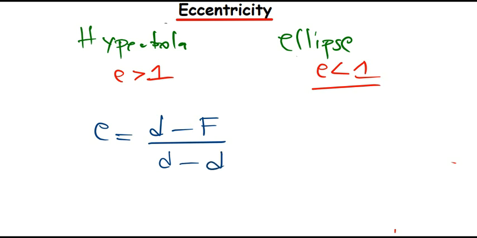In the case of a parabola, there's a line that we call the directrix, and there's an inner point that we call the focus. The distance from any point on the parabola to the focus and to the directrix is the same, so they are equal. So you would understand why the eccentricity of a parabola is 1.